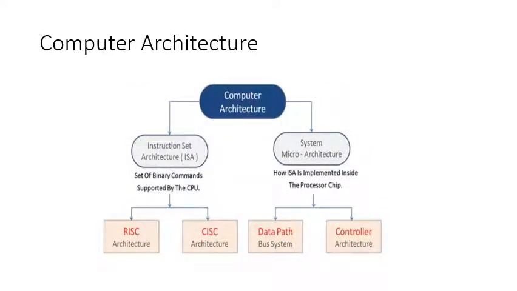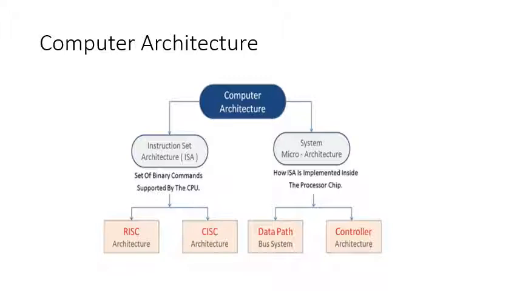In simple words, the computer architecture is all about computer system design details expressed in terms of functional units and interconnection between these units. The computer architecture helps us define the functional capabilities and the requirements for the computer system.